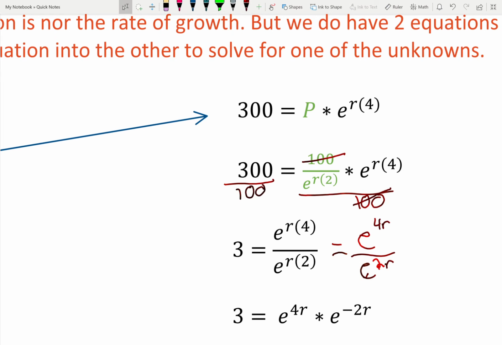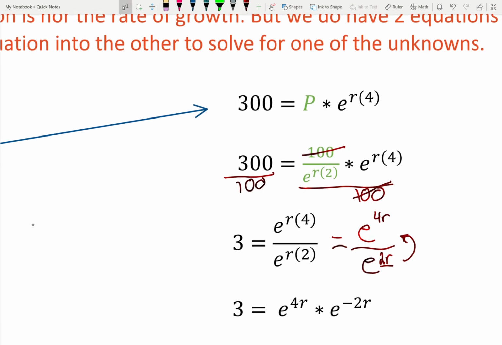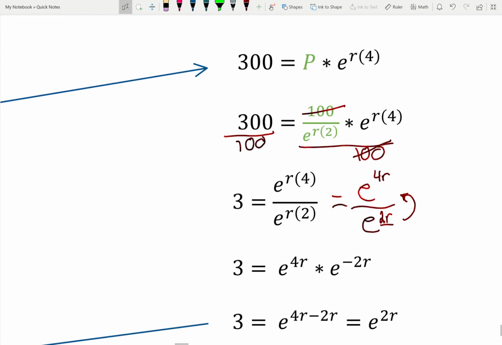So remember, if I have an exponent in the denominator, in our case e to the 2r, I can put it back into the numerator as long as I make that exponent negative. So if I want to put this guy back in the numerator, I'm going to put a negative in his exponent. So rather than having 2r, I'm going to have negative 2r. And that's what I did in the next step. The reason why I did that is because now I can combine my exponents.